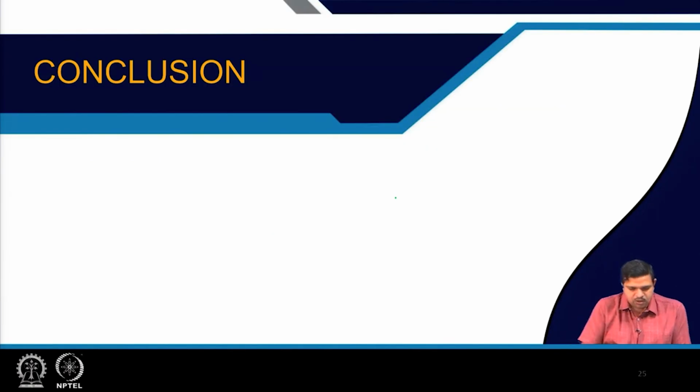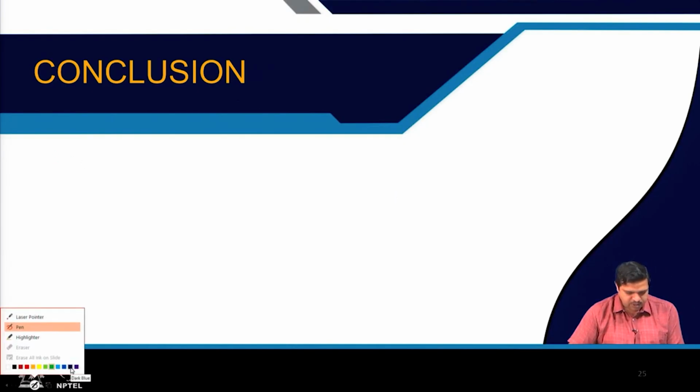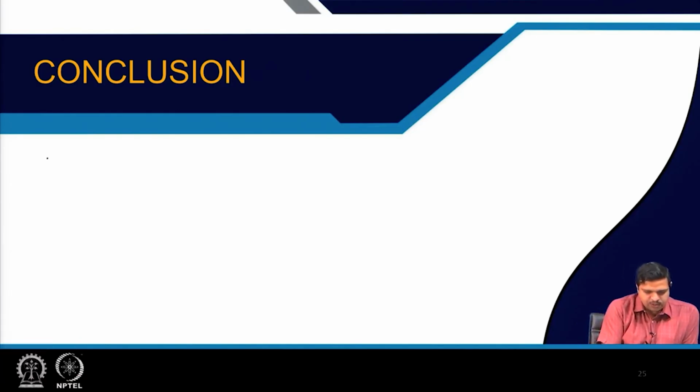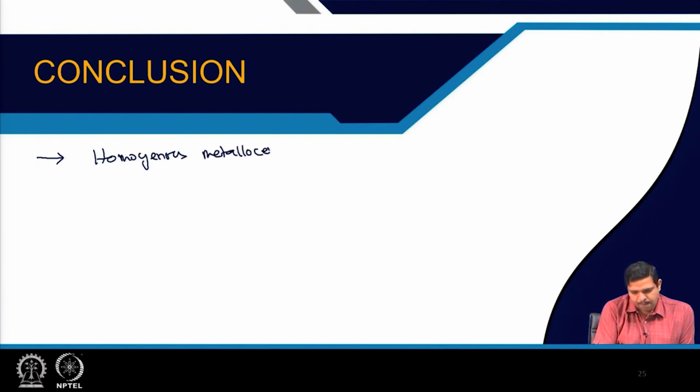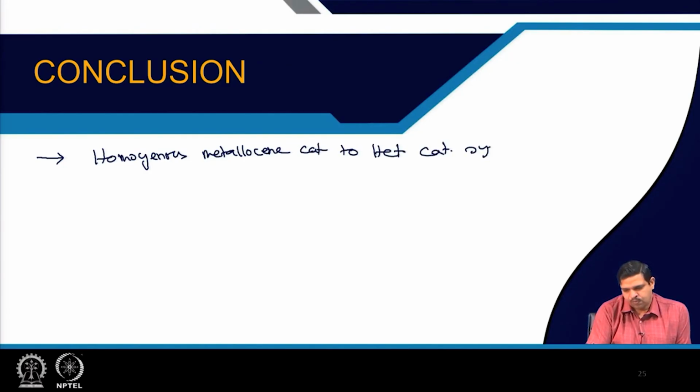Okay. So in conclusion, today we have learned very important aspects of metallocene based catalysts: how to make homogeneous metallocene catalyst into a heterogeneous catalytic system, the advantages, the synthetic strategy, and obviously some basic concepts of heterogeneous catalytic processes, because this is important, otherwise the knowledge will not be complete. The same thing can be approached for non-metallocene compounds also.